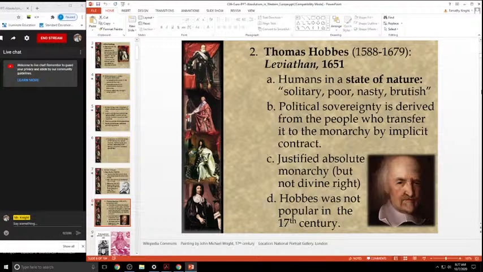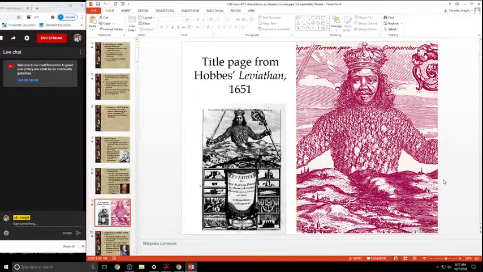All right? Now, we have to understand that Hobbes was not very popular in the 17th century, the 1600s. But he wrote this piece, and if you take a look here, this is the frontispiece from the book that he wrote, Leviathan. Okay?